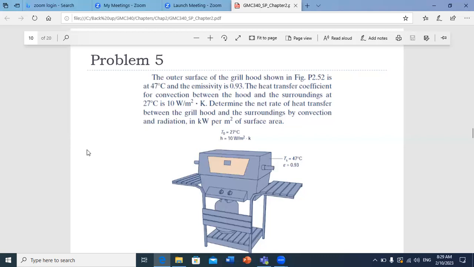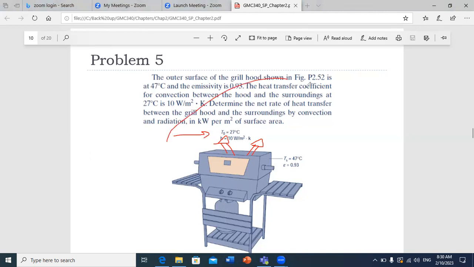So here we have a heat transfer process between the surface and the surrounding, okay? And we have already seen that we have several ways of heat transfer between a surface and its surroundings. So first, because of flow motion, you can have heat transfer by convection.